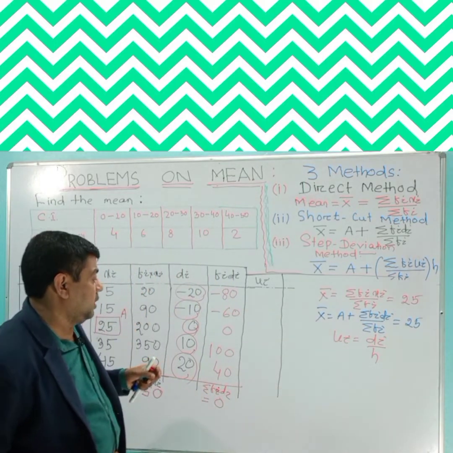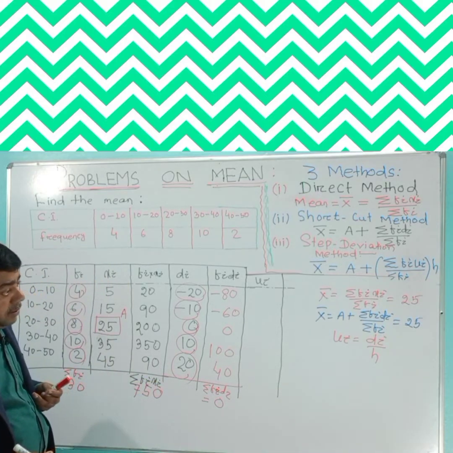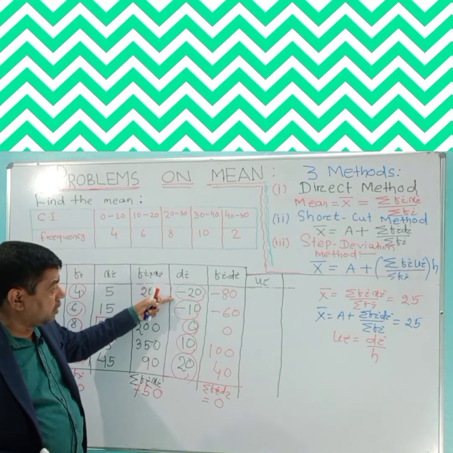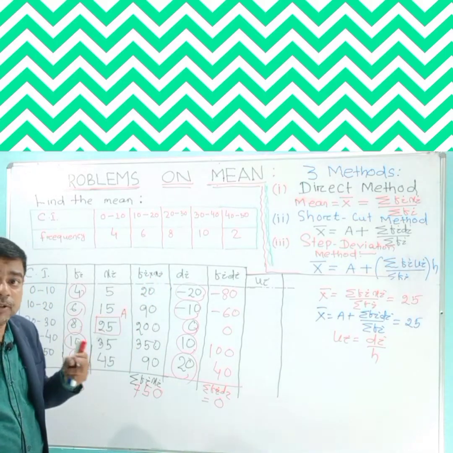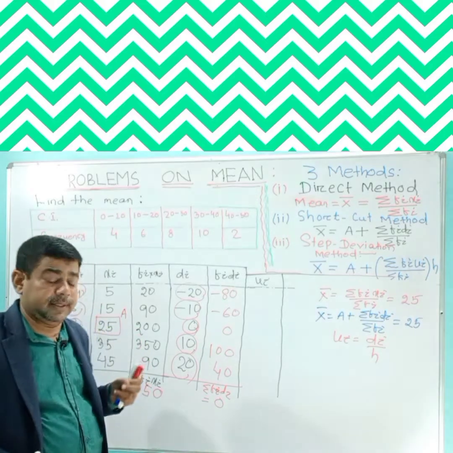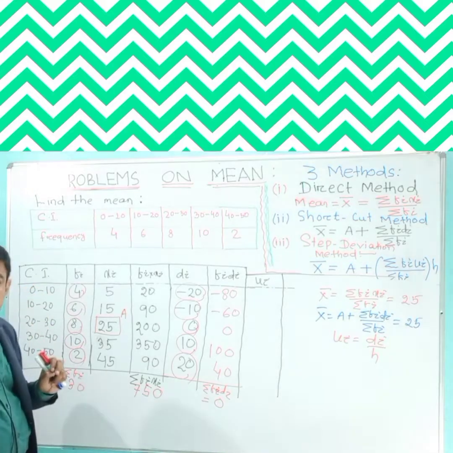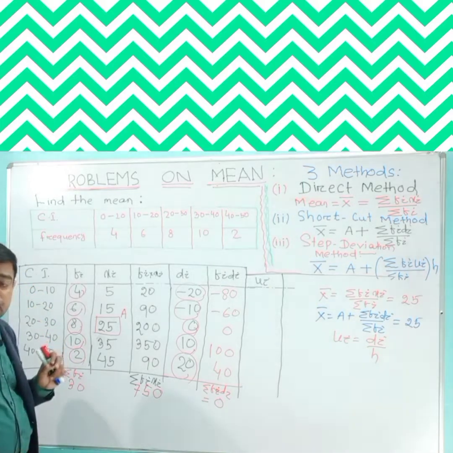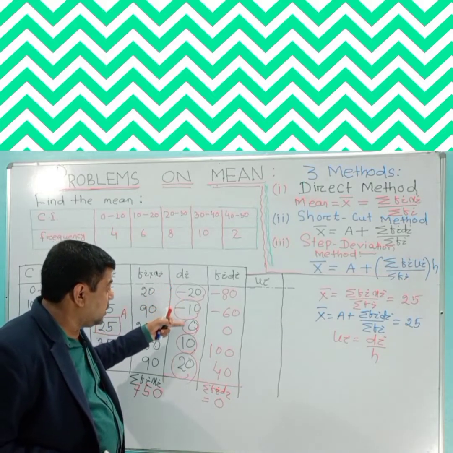Another interesting thing you see also. In the di column, you see there is a common factor, and this common factor is also equal to the class size. And here what is the class size? The class size, 10 minus 0, is 10. 20 minus 10 is 10. Okay, class size is 10. And you see minus 20, minus 10, 0, 10, 20.